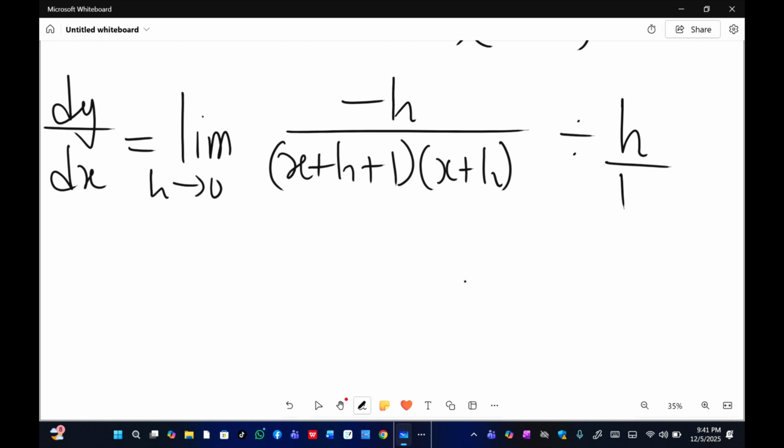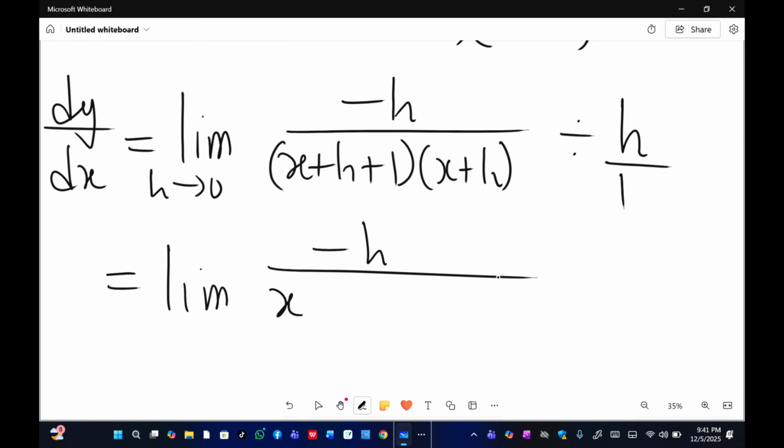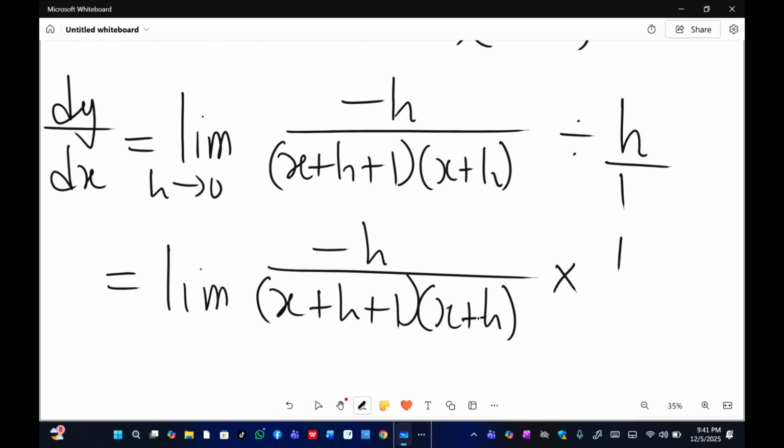So we can now continue. We are going to get the limit of negative h all divided by x plus h plus 1 in one bracket multiplying x plus 1 in another bracket, times the reciprocal of h. So that becomes 1 over h. And you can say this and this cancel each other. So we are left with negative 1 over here.